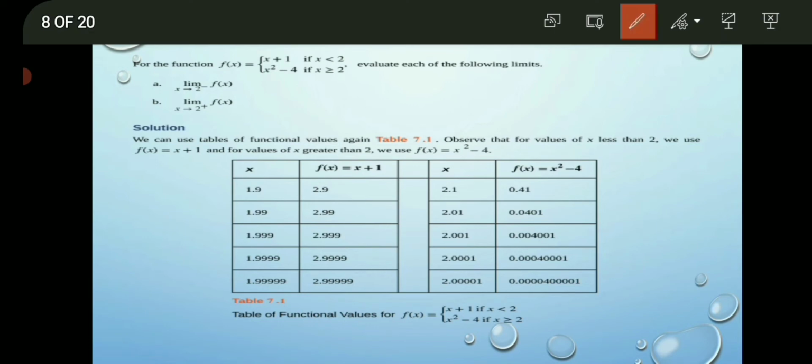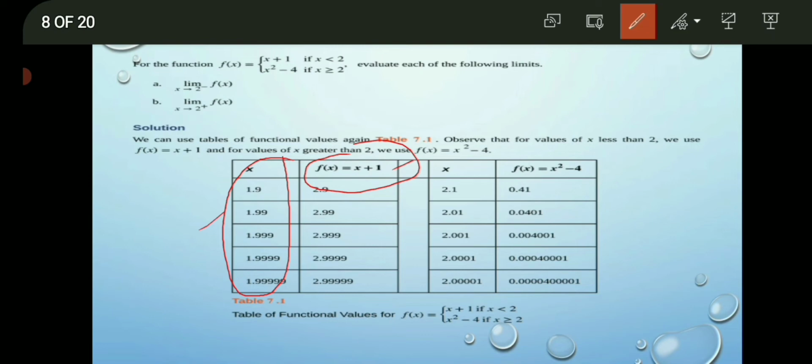On the first table, these are the values of x wherein the values are less than 2, and we use the function f of x is equal to x plus 1. We need to substitute all the values of x here in f of x is equal to x plus 1 and solve it.